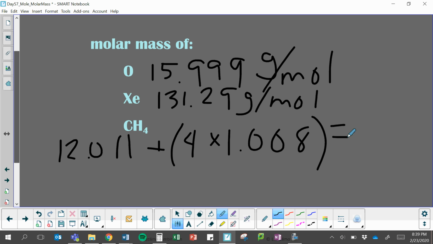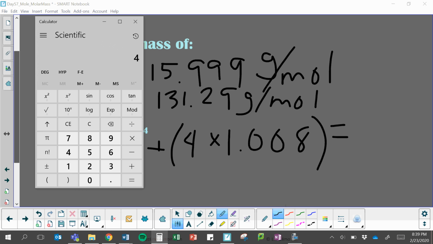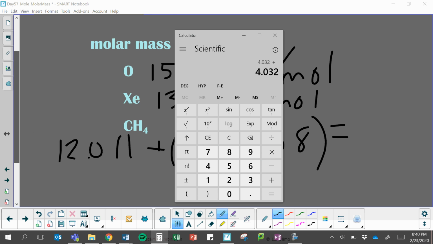You can put it in your calculator using parentheses, or you could do this first step, 4 times 1.008. Just remember that if you're rounding, round at the very end for your decimals for sig figs. So we want to use all of 4.032, and we're adding that to 12.011. So our total mass is 16.043.